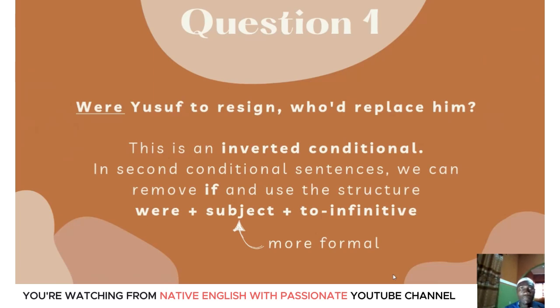So let's take a look at the zero conditional first. If you heat water to 100 degrees Celsius, it boils. What type of conditional is that? That's zero conditional. The zero conditional talks about a fact, what no one can deny, a general fact.